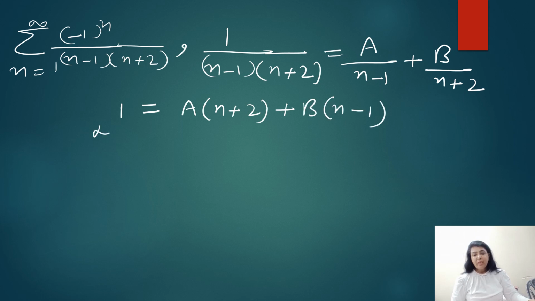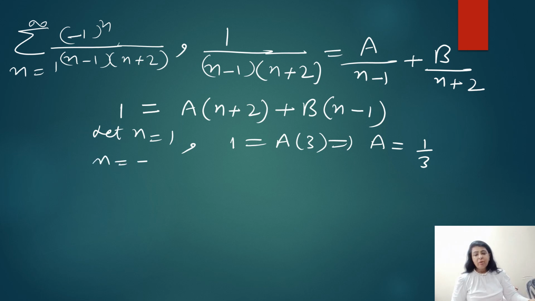Now let n is equal to 1. So we get 1 is equal to a into 3, so a comes out to be 1 by 3. Now let us take n is equal to minus 2. So 1 is equal to b into (minus 2 minus 1), which implies b is equal to minus 1 by 3.